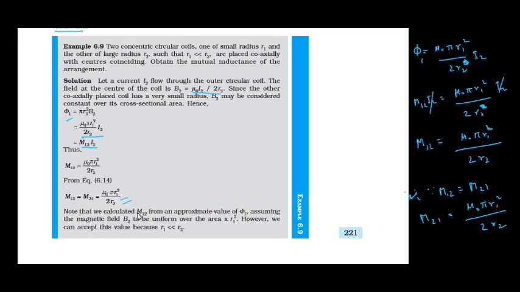Note that we calculated M12 from the approximate value of Φ1, assuming that the magnetic field is uniform over the area pi R1 square. However, we can accept the value because R1 is much less than R2.